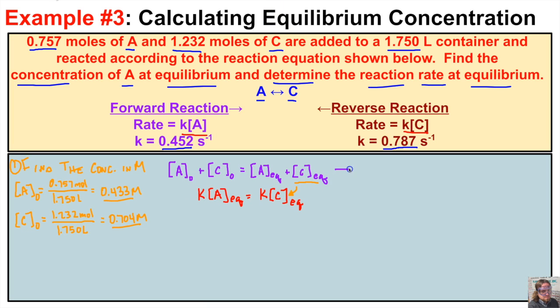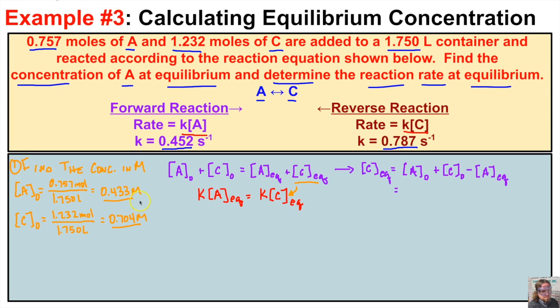Let's go ahead and use this formula right here to figure out and isolate the concentration of C at equilibrium. So the concentration of C at equilibrium is going to equal the concentration of A initially plus the concentration of C initially minus the concentration of A at equilibrium.